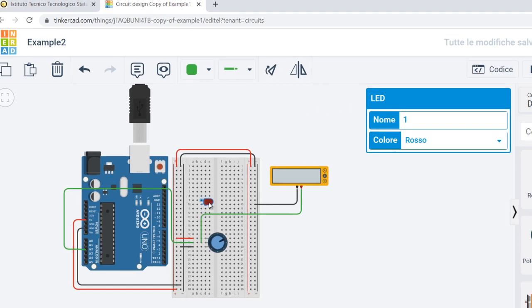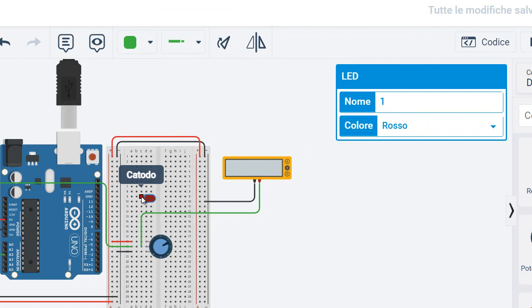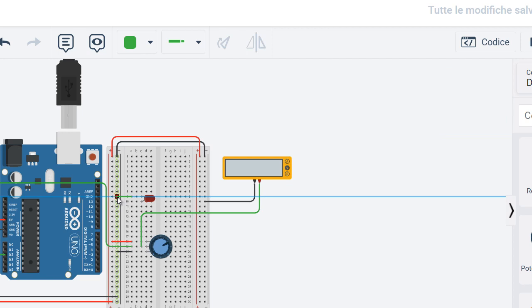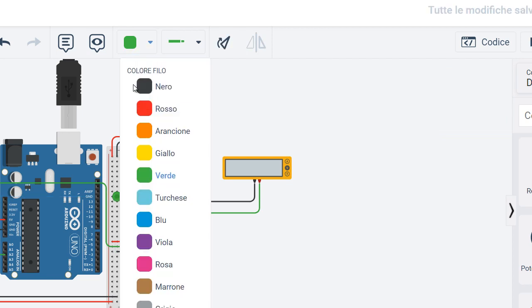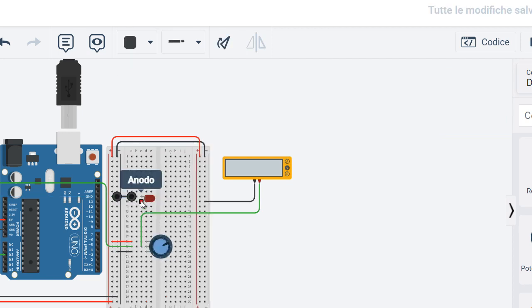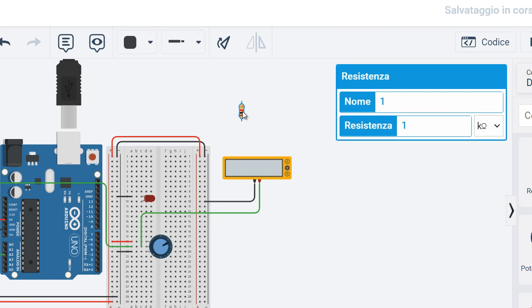The LED is characterized by a cathode, which can be, for instance, connected to ground, and by an anode, which should be connected to a digital pin of the board by means of a resistor. The resistor value should be selected in order to have a 10 milliamps current, for instance.